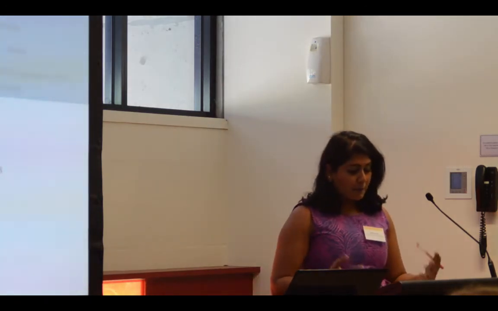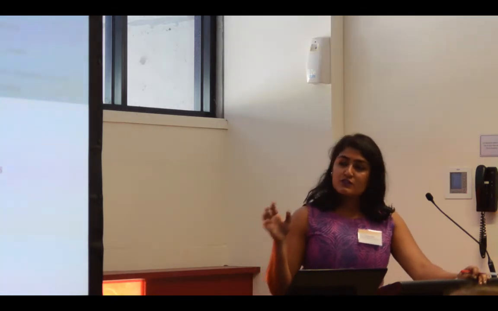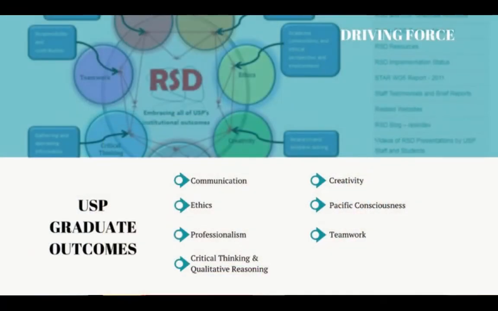Now, apart from the pressure from the management to achieve RSD implementation, what has really worked for the university was the USP graduate outcomes. The university outcomes aligned very well with the RSD facets. Initially, the team carried out a mapping of the university outcomes and the RSD facets, and we saw that all of the areas in the outcomes are covered by the RSD framework.